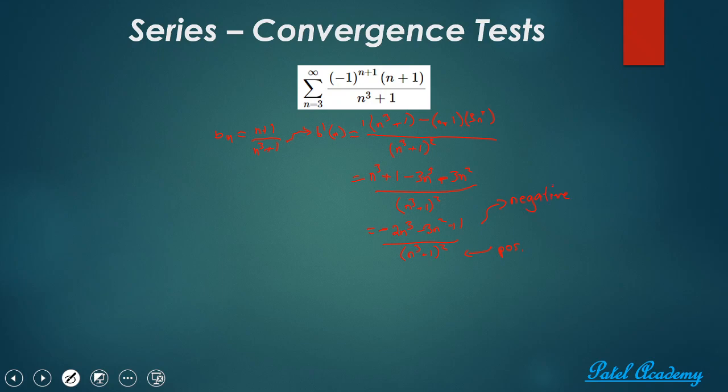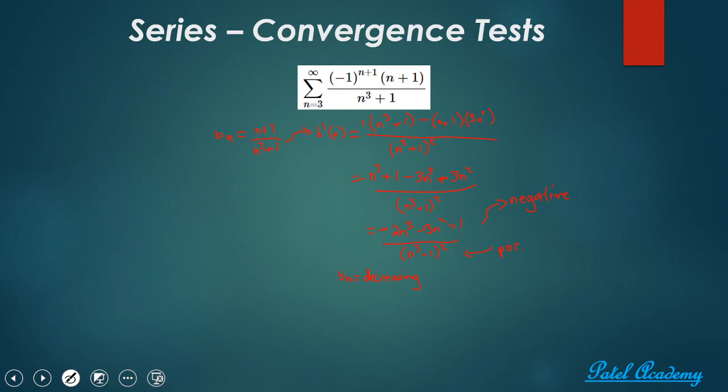You can also verify this by identifying that there are no actual zeros within the interval 3 to infinity. At any point, if there's a negative and there are no zeros, that means the entire function will be negative in that interval. And so because the derivative is always negative, b_n is decreasing.